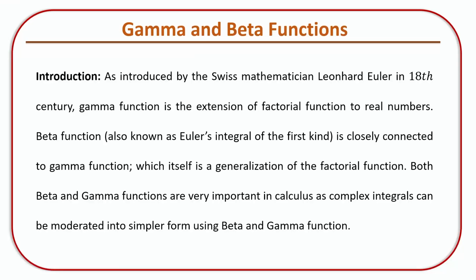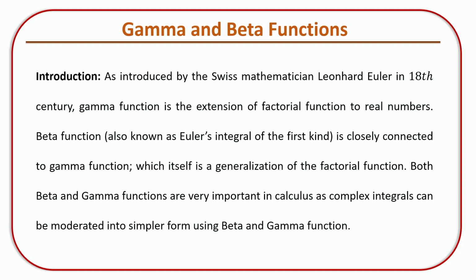So, using those gamma and beta functions, you can evaluate the different integrals of a given complex function in the easiest way, right. So, let us start with the history or basics of the gamma function as well as the beta function. As its name suggests, the gamma function was started by the Swiss mathematician Leonhard Euler in the 18th century.